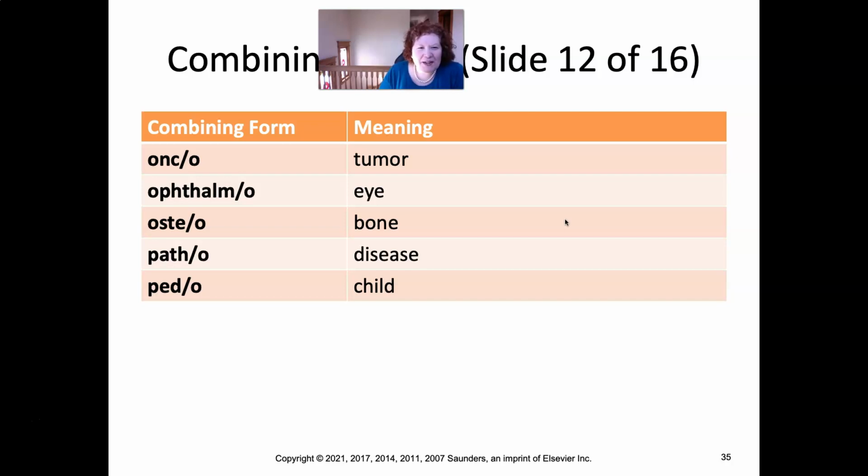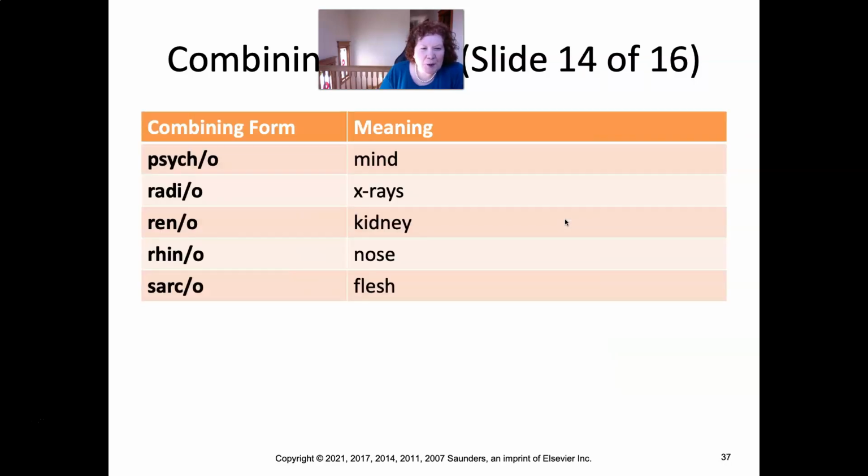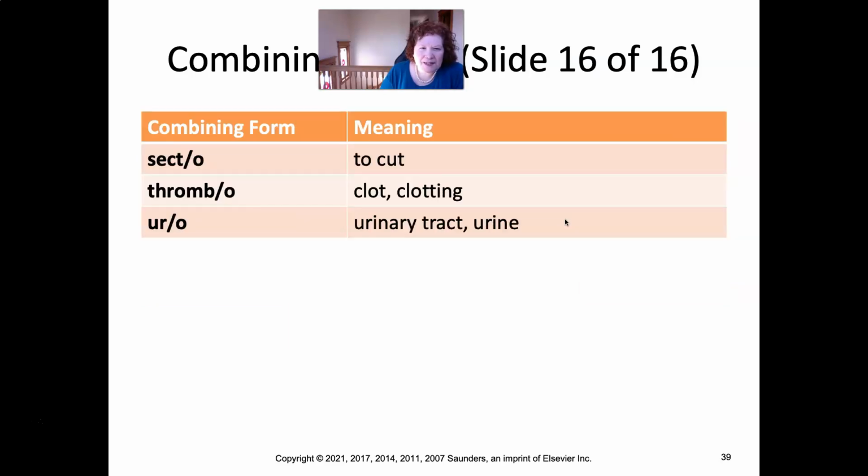Make sure you don't forget that OPH before you get into that TH. That's one of those that you just have to study. You just have to memorize. Osteo, patho, pedo. Psycho, radio, rhino, sarco. Secto, thrombo, uro.